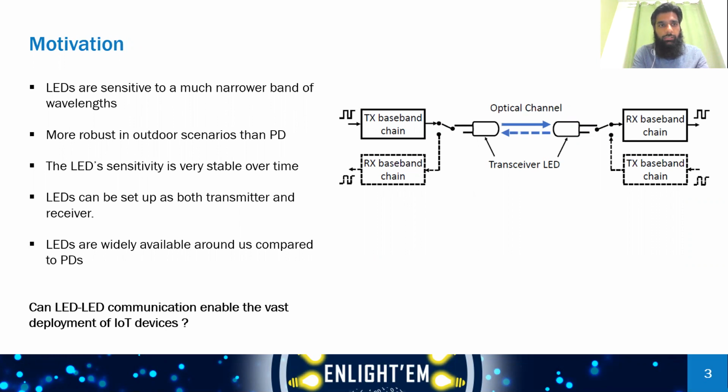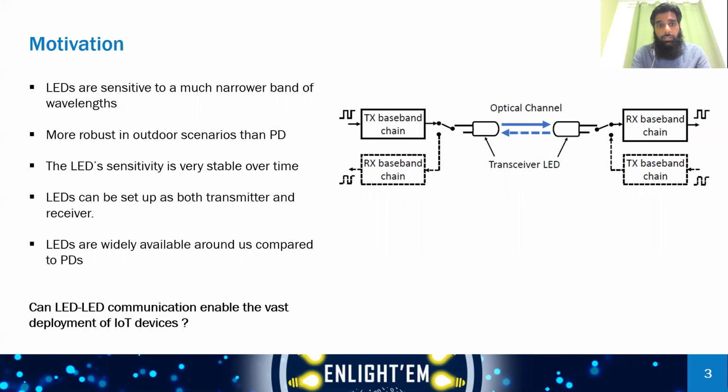There are many advantages of using LEDs as they are sensitive to a much narrower band of wavelengths. If in contrast you want to use a photodiode, you need very expensive filters to get the narrow band of wavelengths. LEDs are more robust to outdoor scenarios than photodiodes, for example, in sunlight.